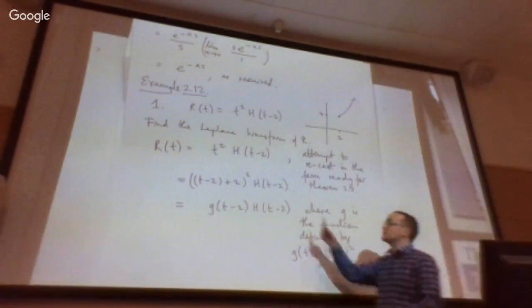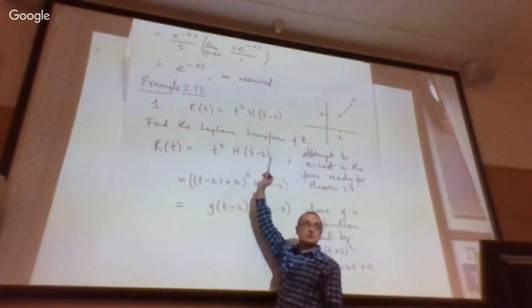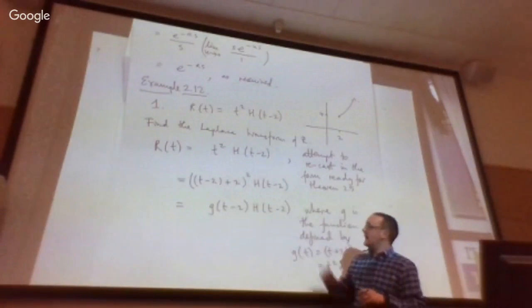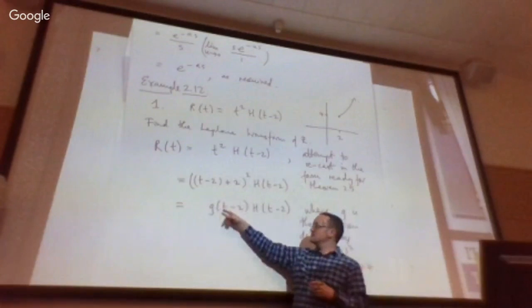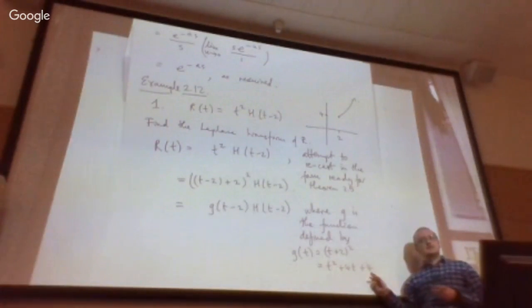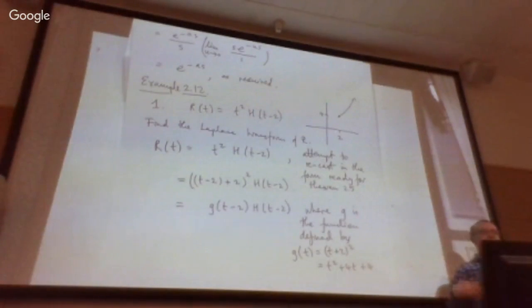Normally we don't take a perfectly nice simple expression, t squared times h of t minus 2, easy to say, easy to write down, and recast it as g of t minus 2, where g is this long polynomial. Normally you wouldn't do that because it obscures what's going on and it's needlessly complicated.